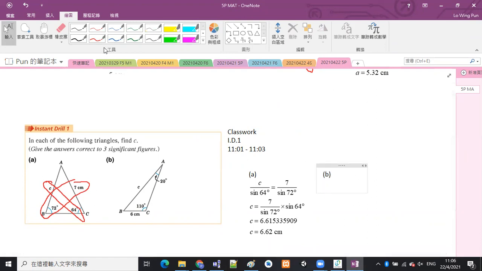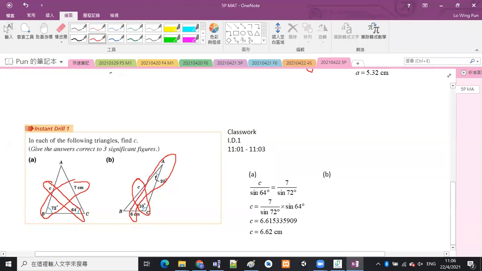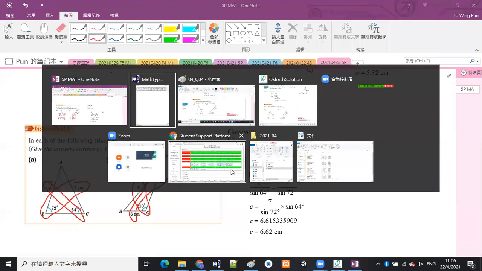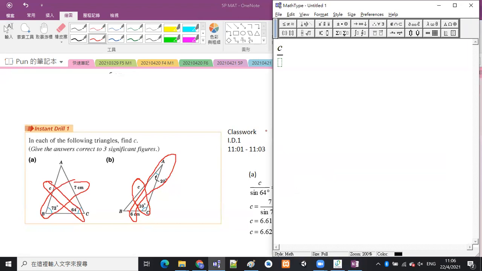Part B, can you find the two pairs? C is corresponding to 110 degrees, and 6 cm is corresponding to 20 degrees. So these are the two pairs. C over sine 110 degrees is equal to 6 over sine 20 degrees, and then multiply by sine 110 degrees on the right.